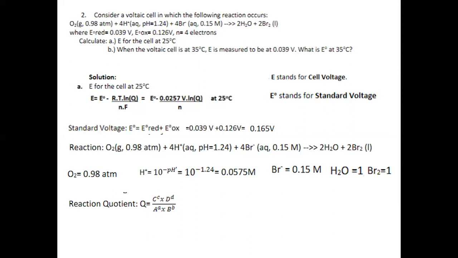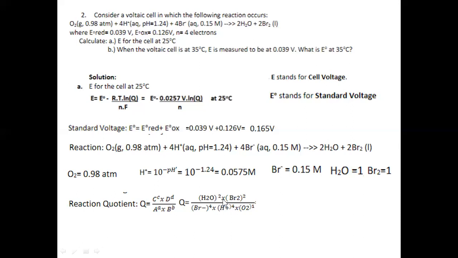Since we are not given any reaction quotient, to write our reaction quotient, Q is equal to the product all over the reactant. For this equation, Q is equal to H2O squared multiplied with bromine squared all over bromine ion, which is the reactant, raised to 4, multiplied with hydrogen ion raised to 4, multiplied with oxygen gas raised to 1.